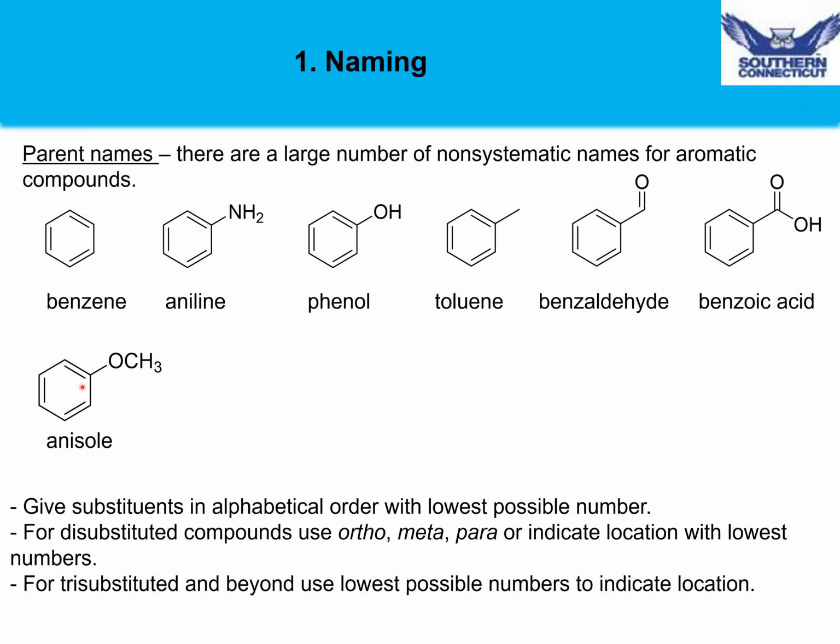For tri-substituted aromatic compounds and those containing more substituents, we always have to use numbers rather than ortho, meta, para. In other words, ortho, meta, para is used exclusively for naming disubstituted aromatic compounds.